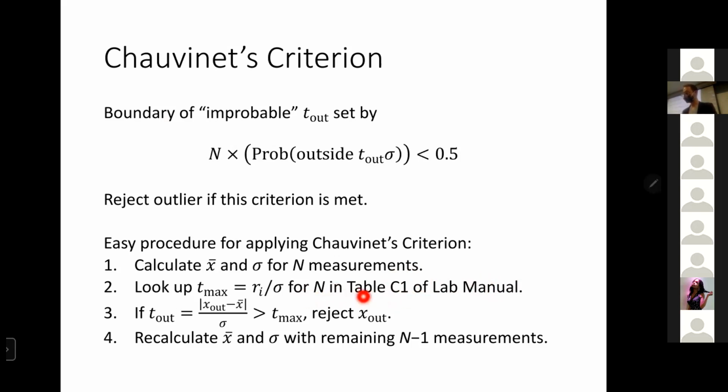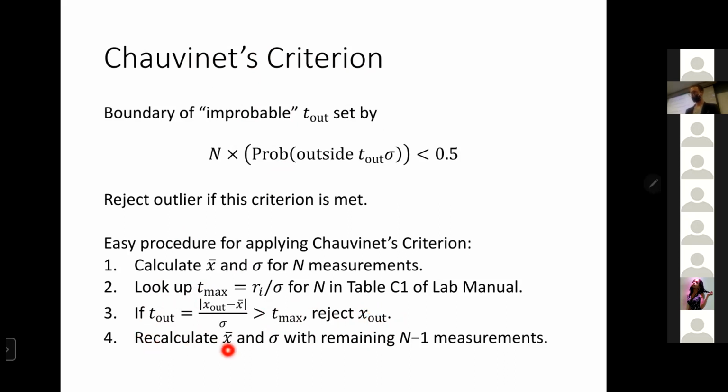But you're going to look at table C1 in the lab manual, and C1 has a value of T max for a particular number of measurements, right? That's the number of standard deviations away from the mean that you're allowed to be and still be within the criteria of Chauvenet's criterion. And if this T out is more standard deviations away from the mean than T max, then you're going to reject the outlier.